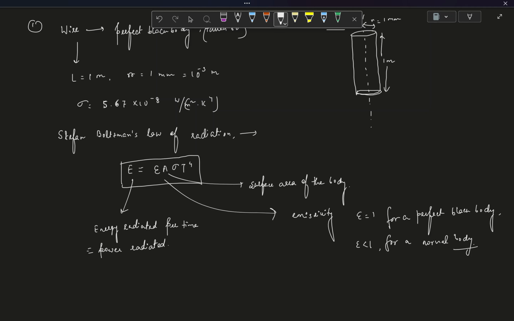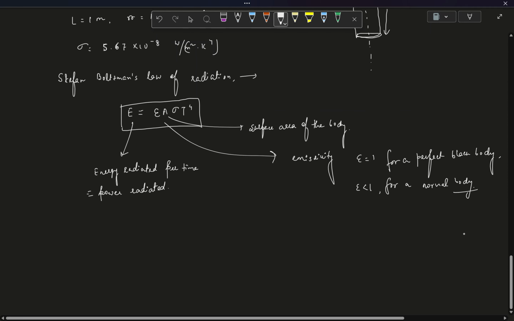But a perfect black body has the maximum emissivity, and that is why epsilon equal to 1 there. For our case, because the wire is considered to be a perfect black body, epsilon will be 1.